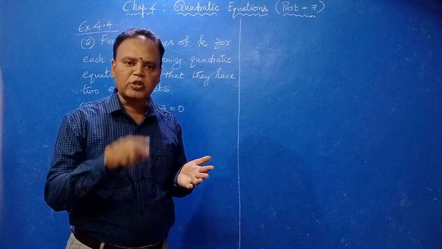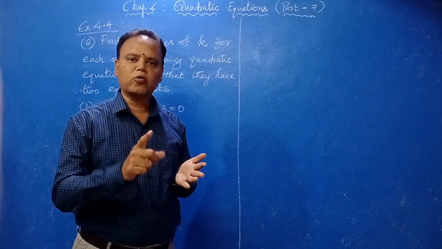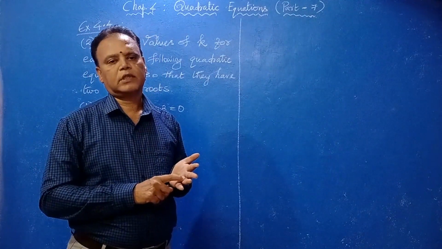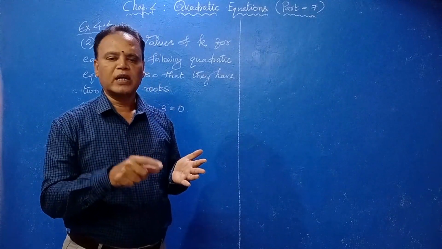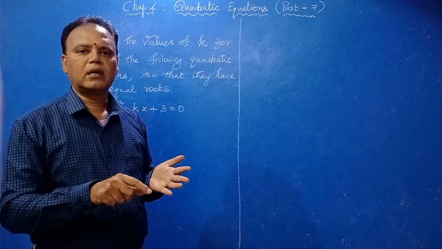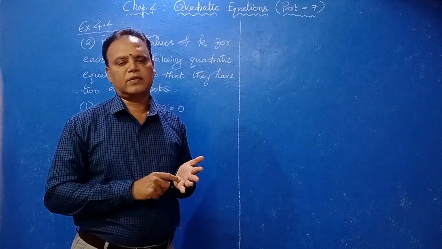When D is equal to 0, then the roots are real and equal. When D is negative, that is less than 0, then the roots are not real.